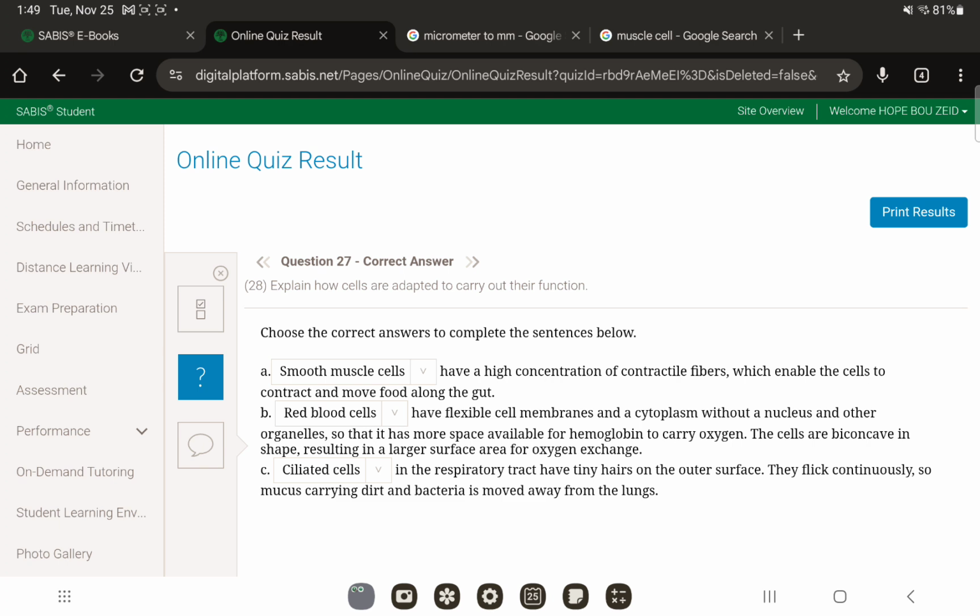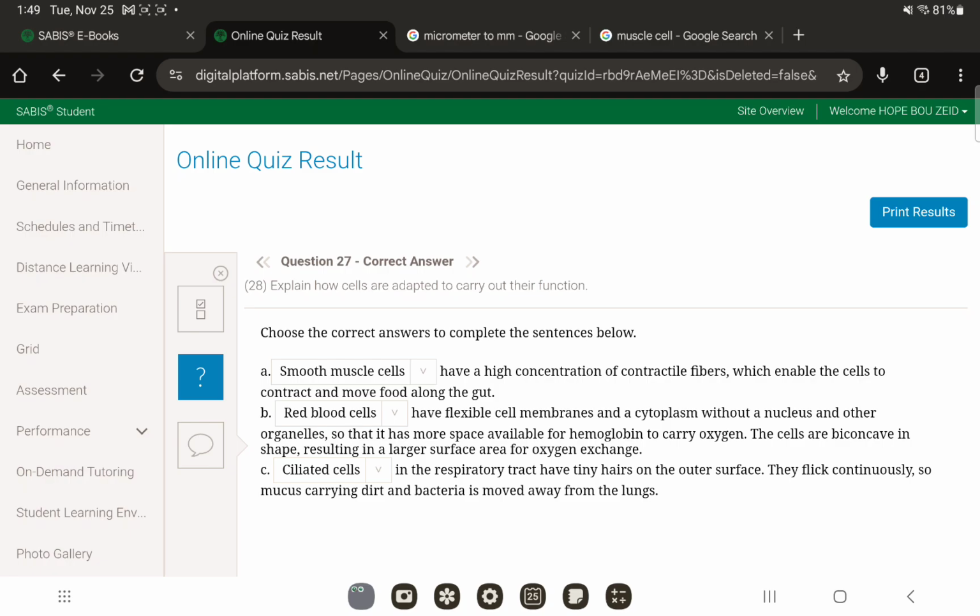And yeah, ciliated cells in the respiratory tract have tiny hairs on the outer surface. They flick continuously, so mucus carrying dirt and bacteria is moved away from the lungs.